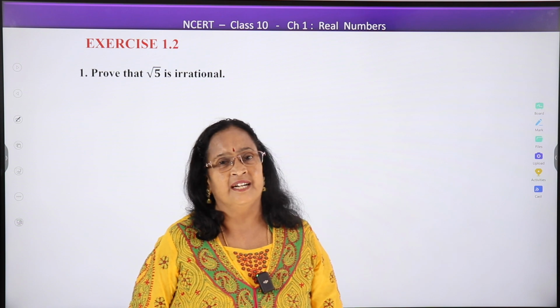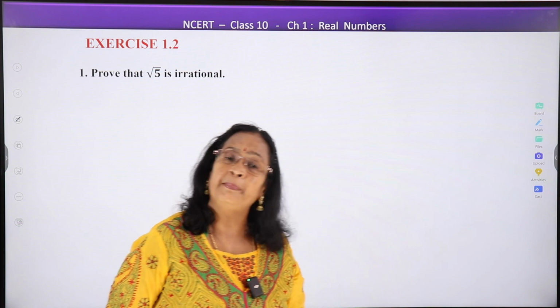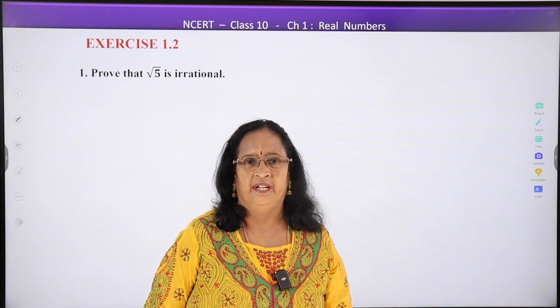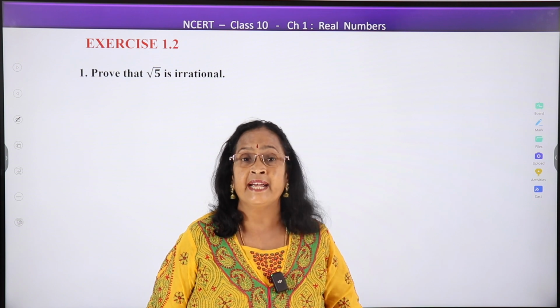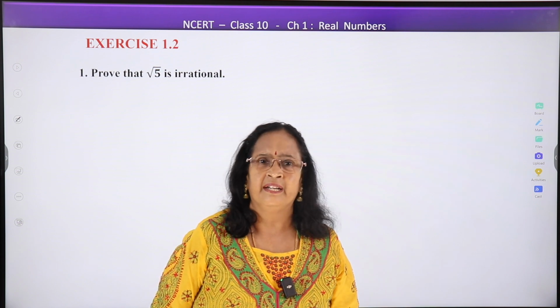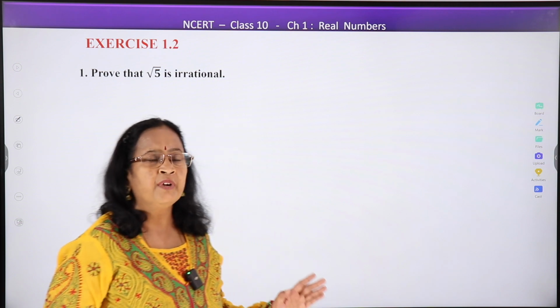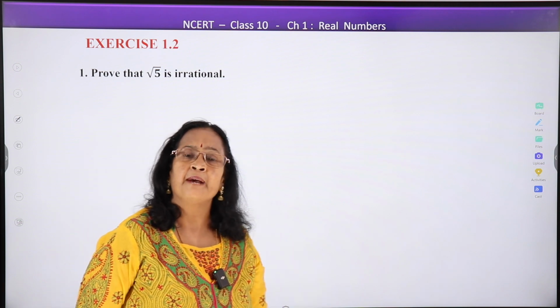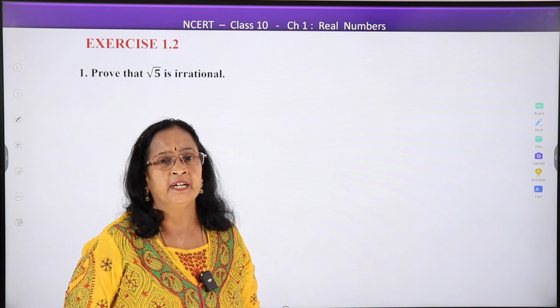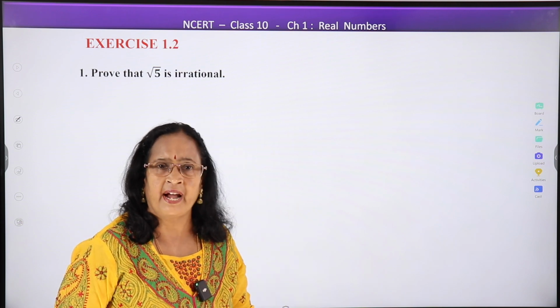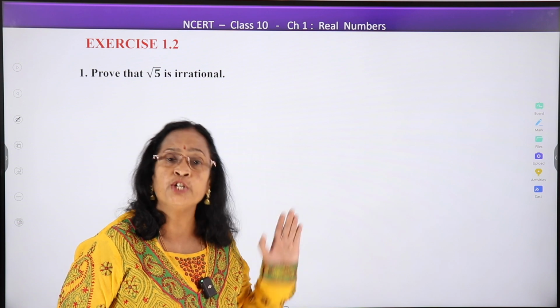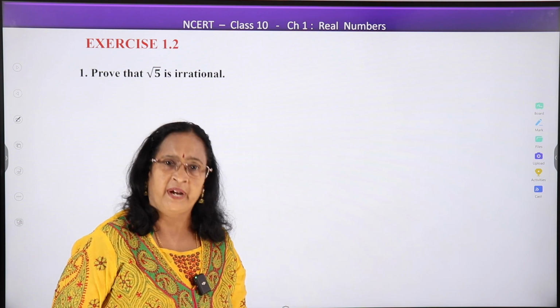In the last class, we had done the examples of real numbers. Now we will start the exercises of real numbers. We had learnt how to prove irrational numbers by the method of assumption, and then we contradict the fact that what we had assumed is not right.